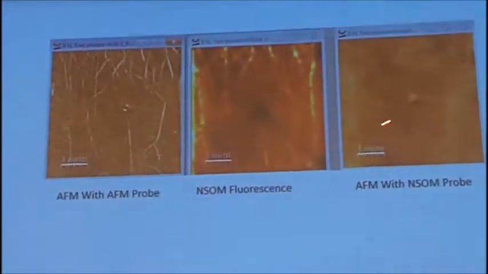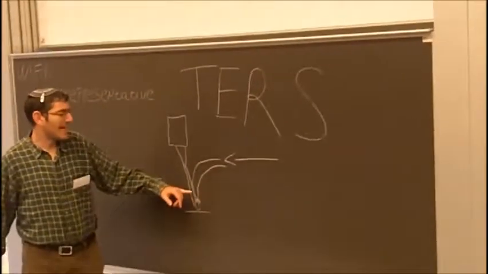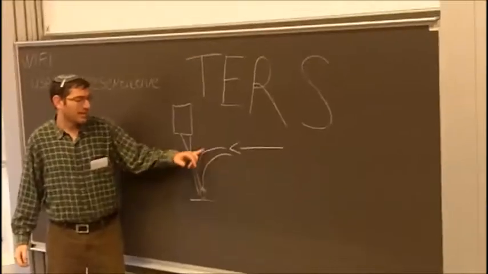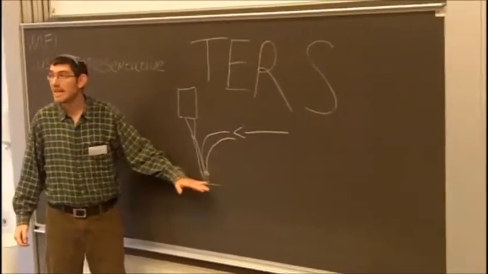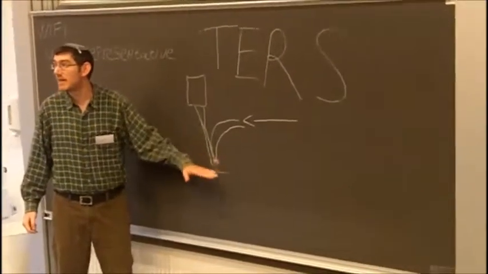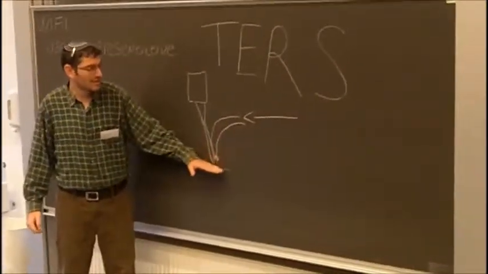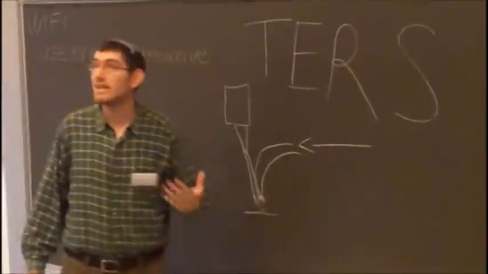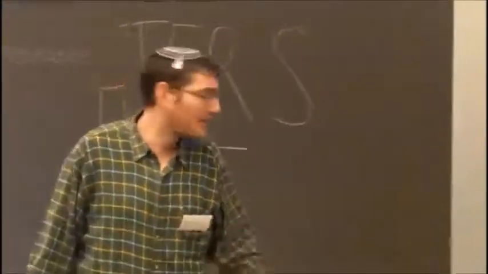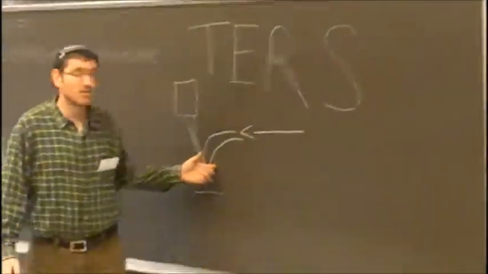Now, we can also do AFM with the NSOM probe. That means as this probe is illuminating the laser onto the sample, it's also scanning it as though it's AFM feedback. It uses the same feedback as AFM to know that it's near the sample. So we do get additional information of the topography with this NSOM probe.